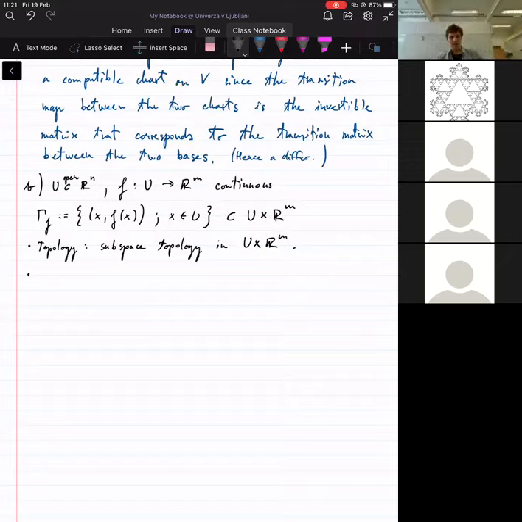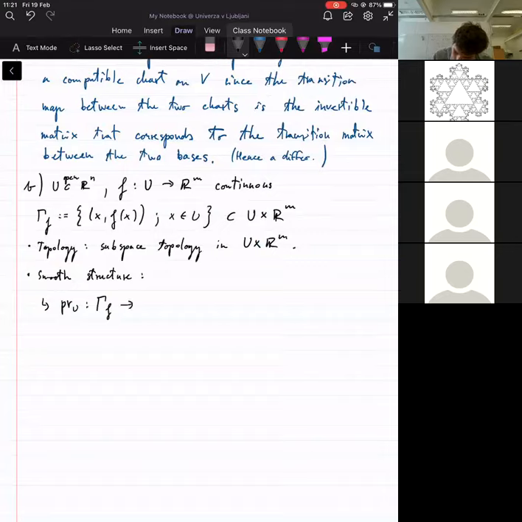Yes, exactly. So for the smooth structure, we take the projection on U of this graph.